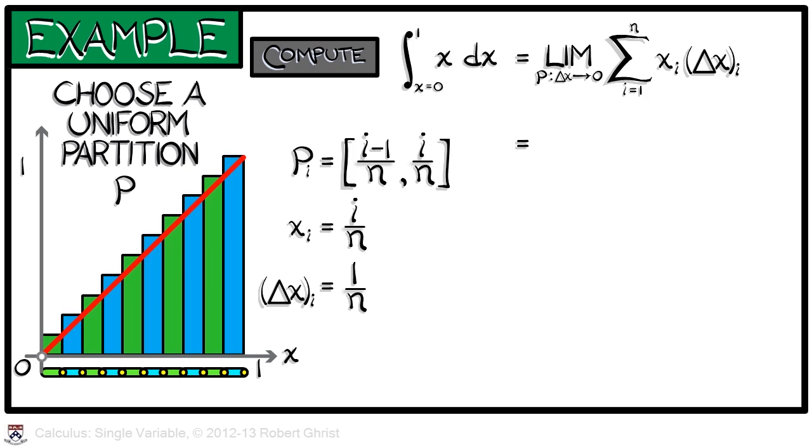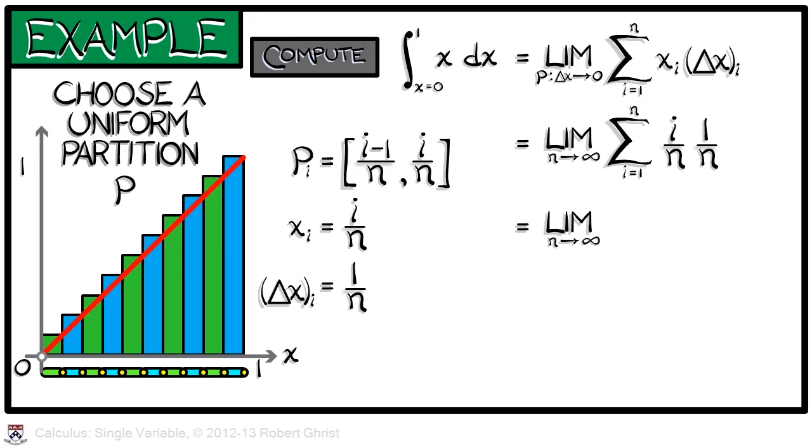Therefore, the Riemann sum can be expressed as a limit as n goes to infinity. That is, as the widths are going to 0. What's the Riemann sum look like? It looks like the sum, I goes from 1 to n of x sub I, that's I over n, times the width, 1 over n.